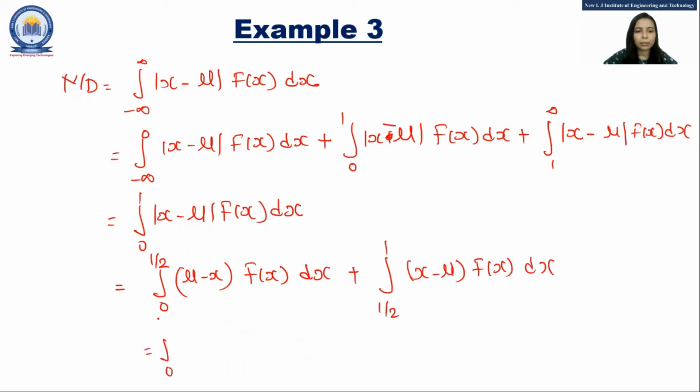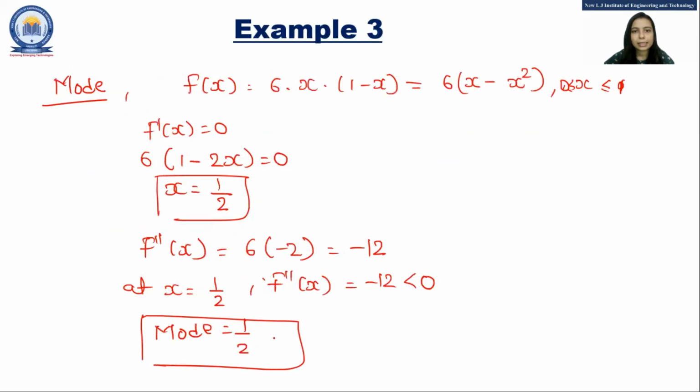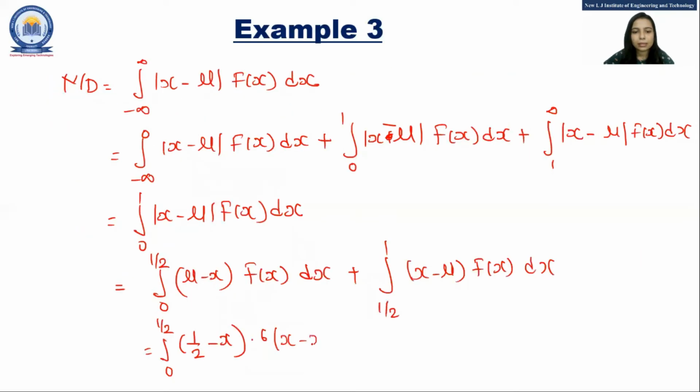So 0 to 1 by 2, mu minus x, so the value of mu is 1 by 2 minus x, into 6. The value of f of x is 6 into x minus x square. So x minus x square dx plus 1 by 2 to 1 x minus 1 by 2 into 6x minus 6x square dx.